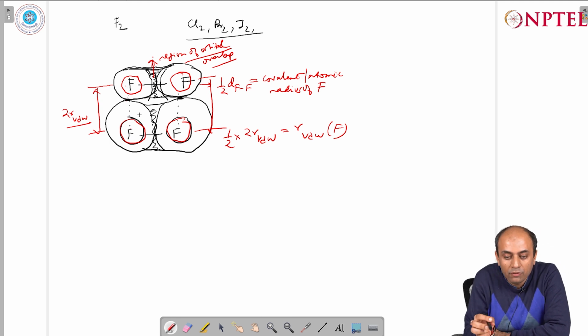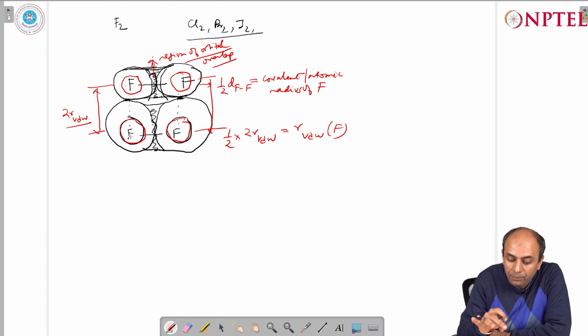So a combination of all these interactions gives rise to this equilibrium situation when the fluorine molecules non-covalently interact with each other, giving rise to this final geometrical arrangement of two fluorine molecules, which constitutes a square-like arrangement where the four fluorine atoms are at the corners of the square.